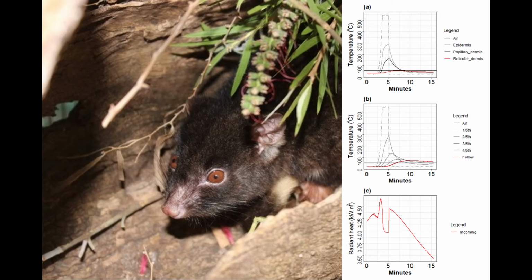Graph B shows heat penetration through the wood of a hollow, and the red line shows the temperature within the hollow there. And again, the temperature here has passed above a critical level. Now, on the surface of things, if you compare the temperature within the hollow, which is the red line on graph B, to the temperature that the exposed mammals are exposed to, you can see that they're exposed to a much lower air temperature.